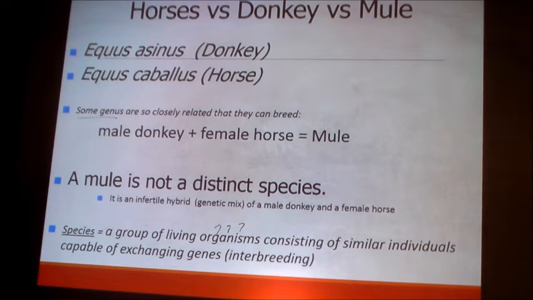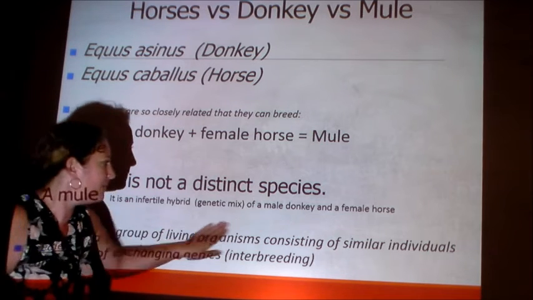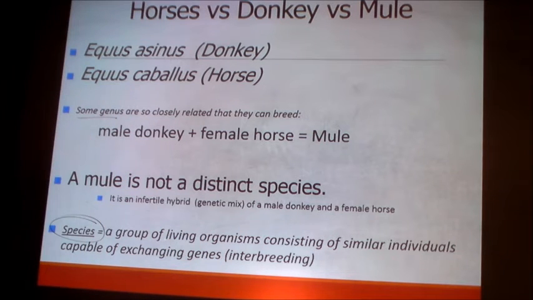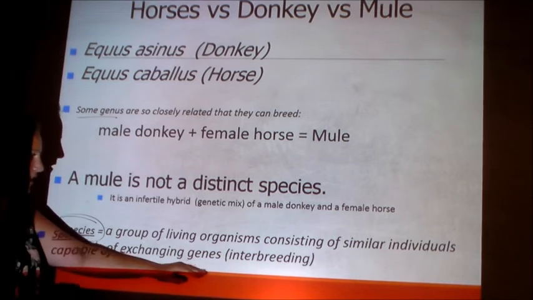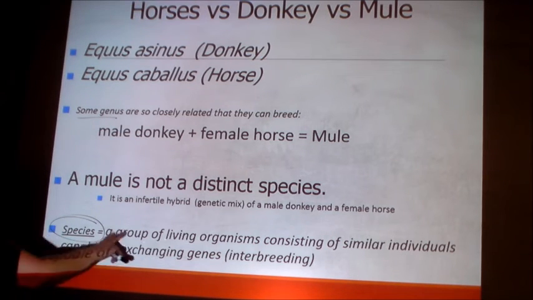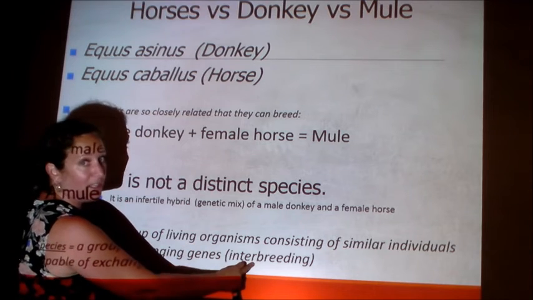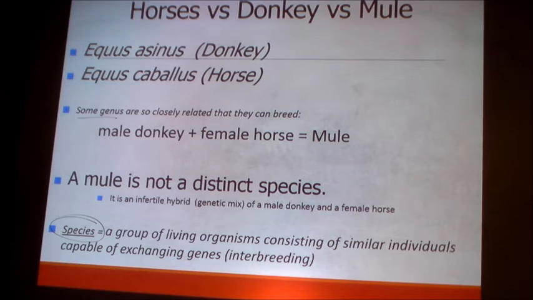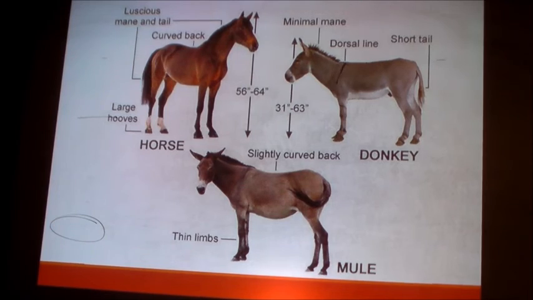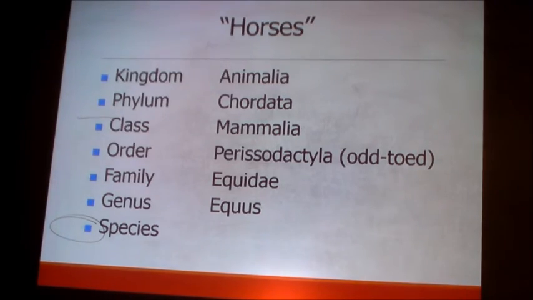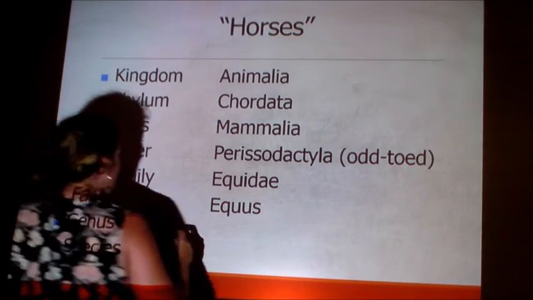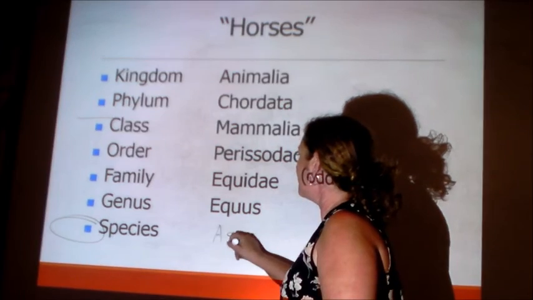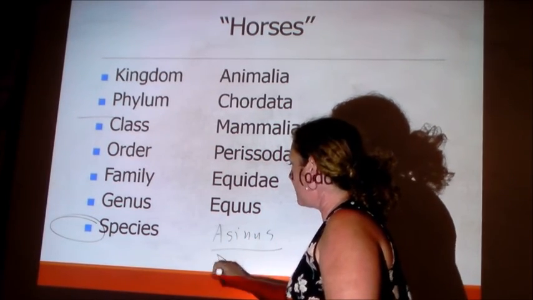So a species is a group of living organisms consisting of similar individuals that are capable of exchanging genes. So a species is any group of living organisms that can mate with each other. So just to show you, Equus asinus is a donkey.